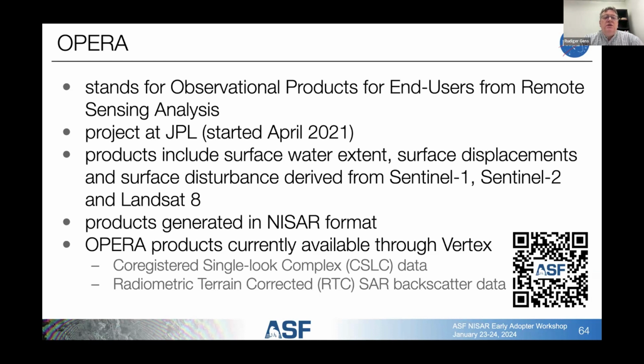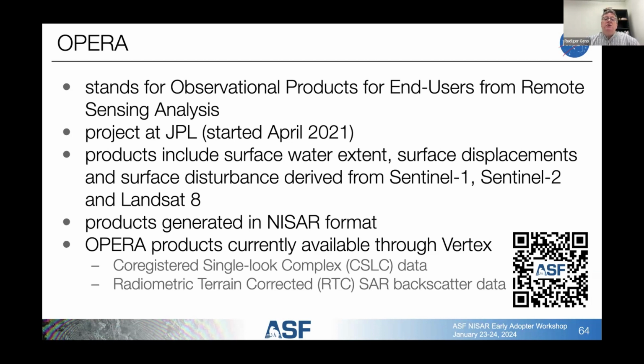It includes surface water extent, surface displacement, and surface disturbance derived from the Opera project. It's not just Sentinel-1 data, which is the SAR part, but also Sentinel-2 and Landsat-8, which is optical data.